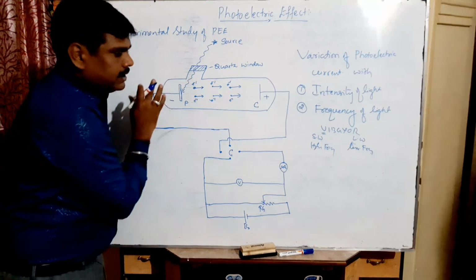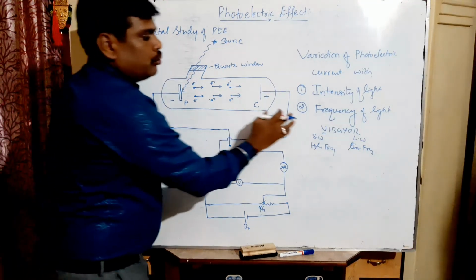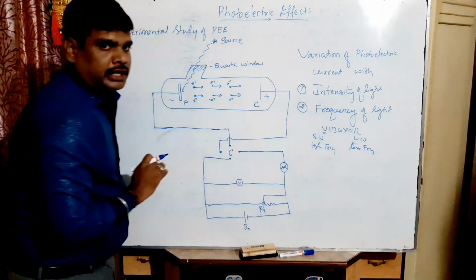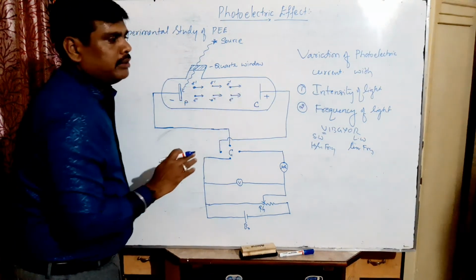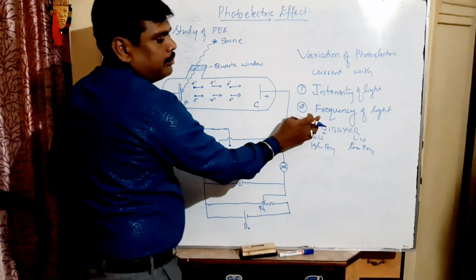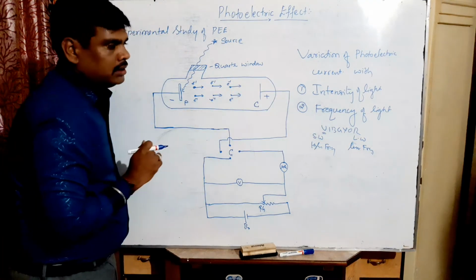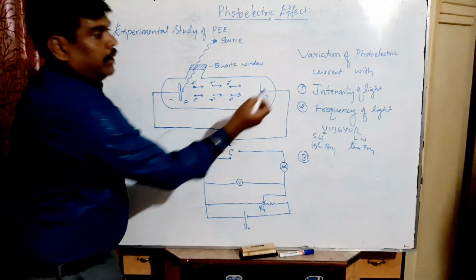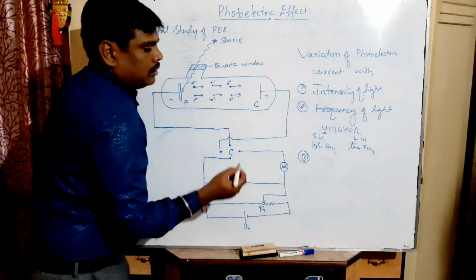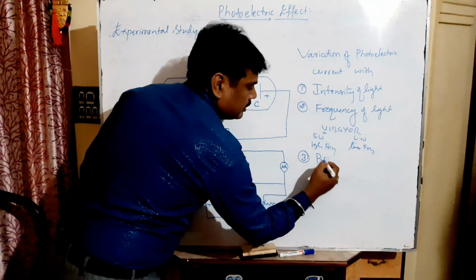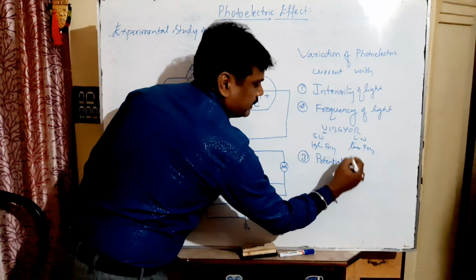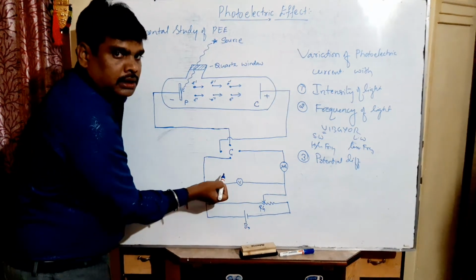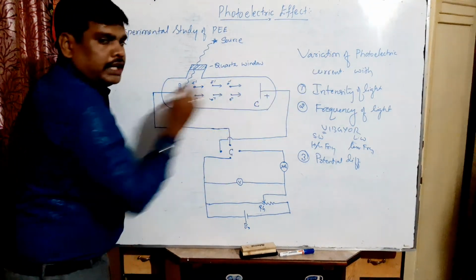With the help of this experimental arrangement, we are going to study how the frequency of light affects the photoelectric current. Photoelectric current can be varied according to parameters related to the frequency of light. And the third one is the variation of photoelectric current with the potential difference. Whatever potential difference we apply can also vary the photoelectric current.